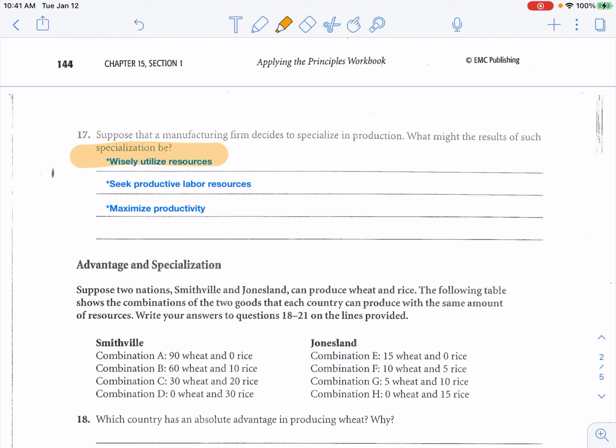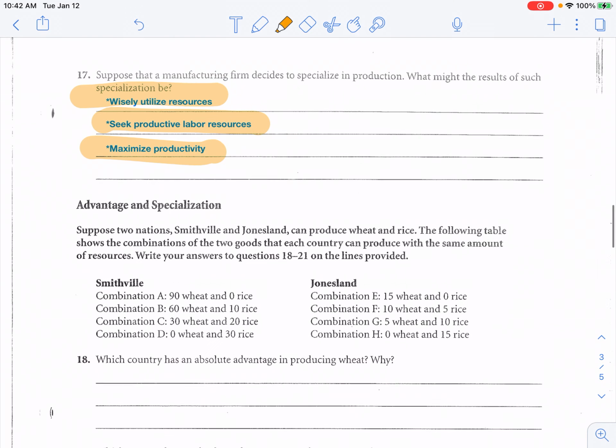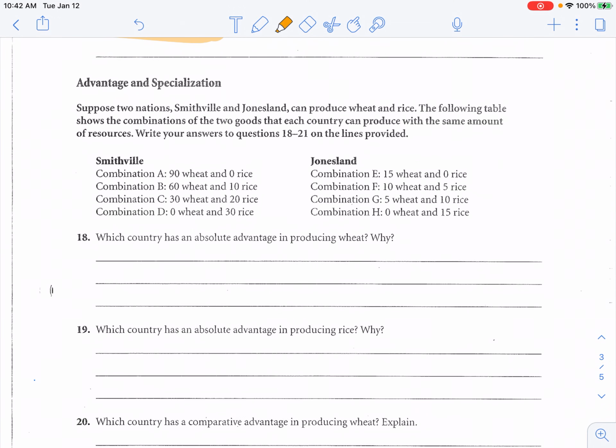They can seek more productive labor workers because they know exactly what they're looking for in workers. They don't need as diverse a worker to be able to do that. And they should be able to maximize their productivity. If we think back to the PPF, they're going to be able to push out towards that curve and be as productive, hopefully, as they possibly can be. So that might be the results of specialization, or that would be the hope.